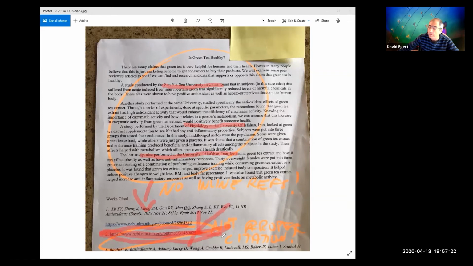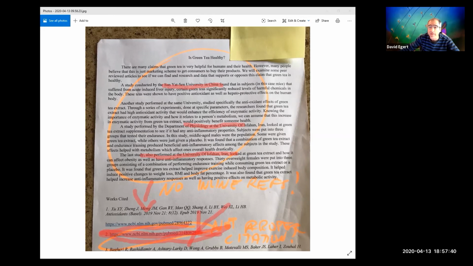So this is not okay. Make sure you know how to do proper citations from your appendix. And like I said, you can Google Harvard referencing, or you can also use Google Scholar, which is good at doing that as well.